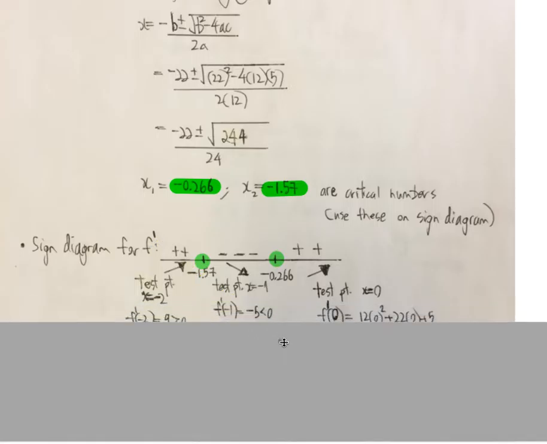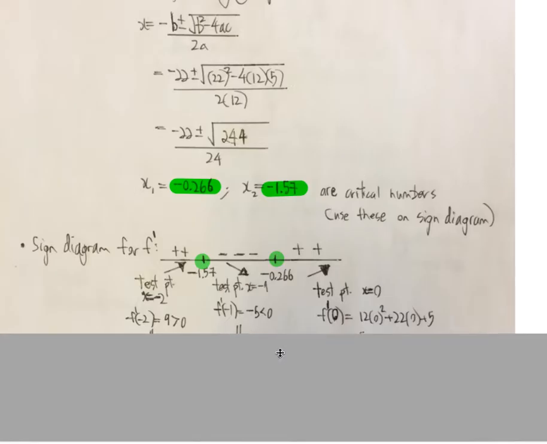For example, in the center here between these two critical numbers, I picked -1. To the right of 0.266, I picked 0. I mean, let's pick the easiest values. And to the left of -1.57, I picked -2. You take those test points and substitute them into the first derivative, and that'll tell you the behavior of the first derivative.